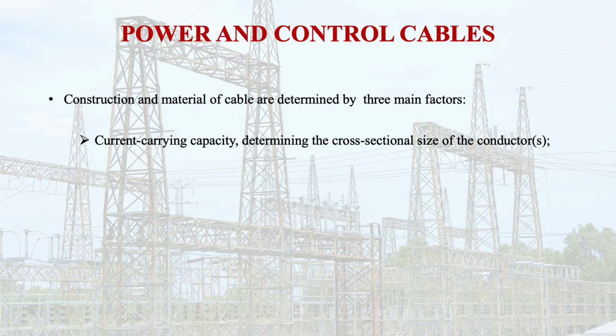The first is the current carrying capacity, which determines the cross-sectional size of the conductor. If we increase the size of the conductor, it has a higher current carrying capacity; if we decrease it, the current carrying capacity will be less.